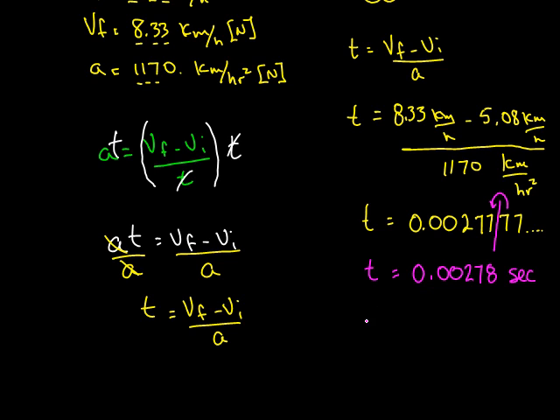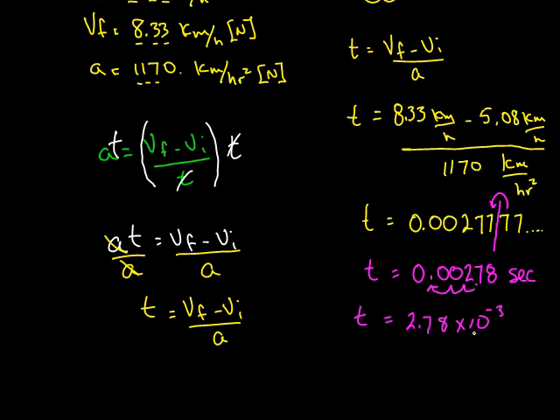Now, in scientific notation, that would look something like this. We have this decimal point that we're going to put right in here after the first significant figure. So we've got 2.78, and then times 10. If we had to go back to where it originally came from, that would be 3 places to the left, so we have to go minus 3.